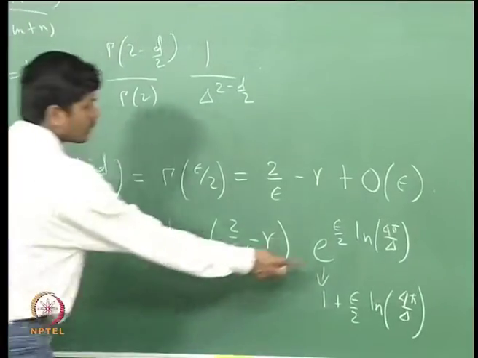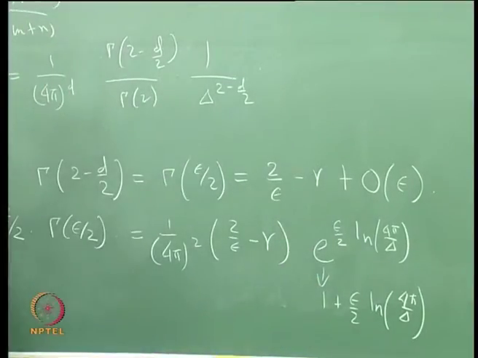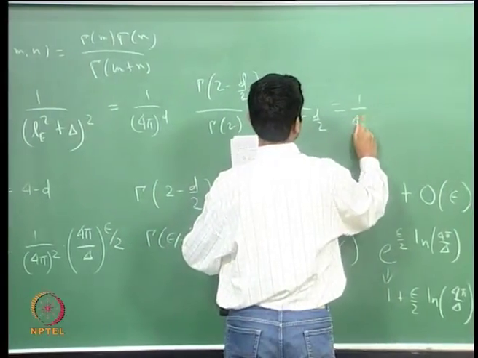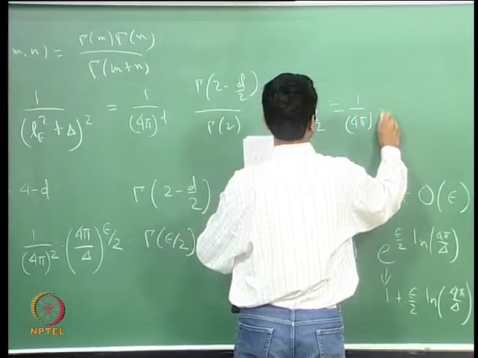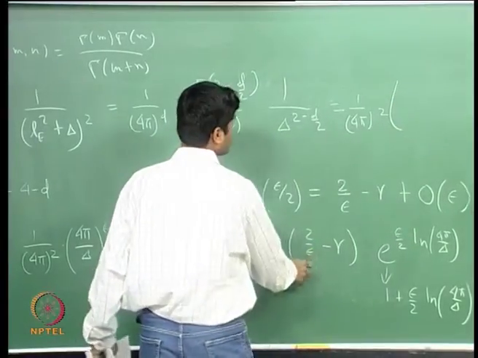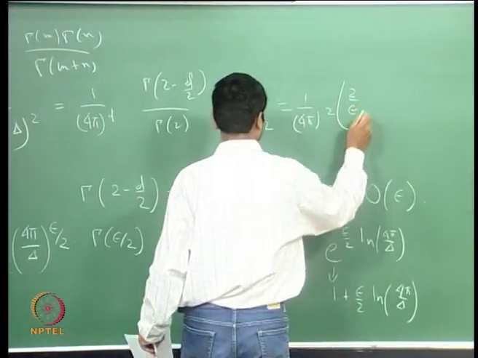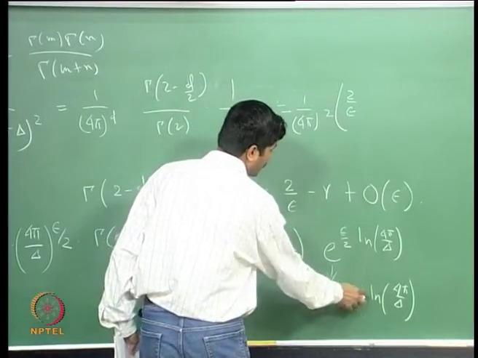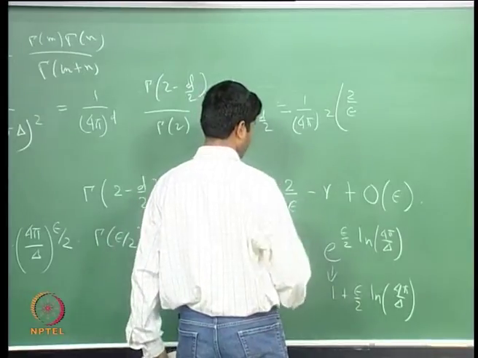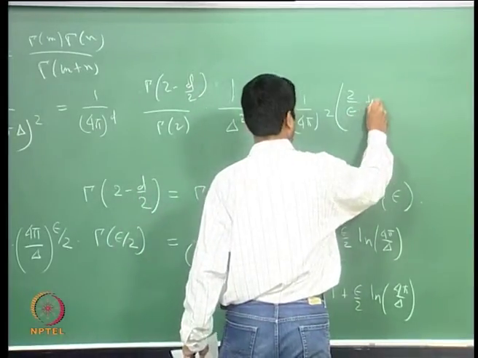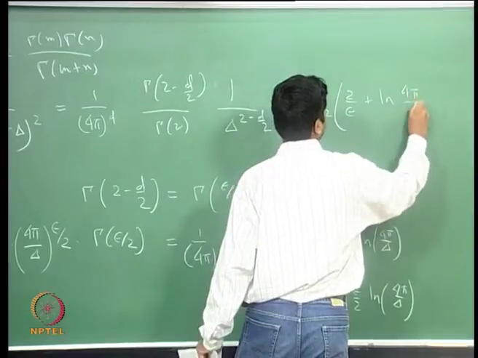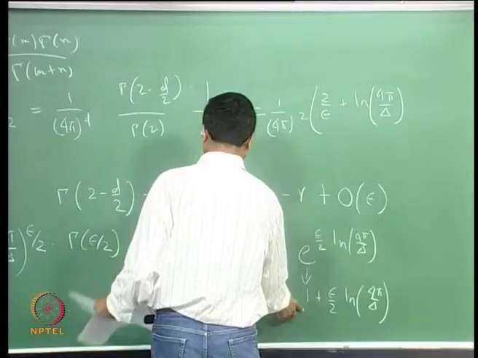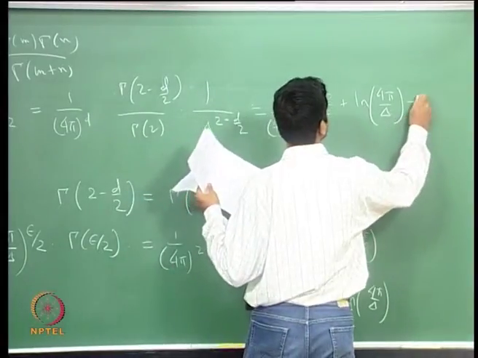So, when I substitute that here, this term simply gives me 1 over 4 pi square. The first term here gives me 2 by epsilon, and then 2 by epsilon multiplied by the order epsilon term gives me log 4 pi over delta, and finally, when this term multiplies here, I will get a minus gamma.